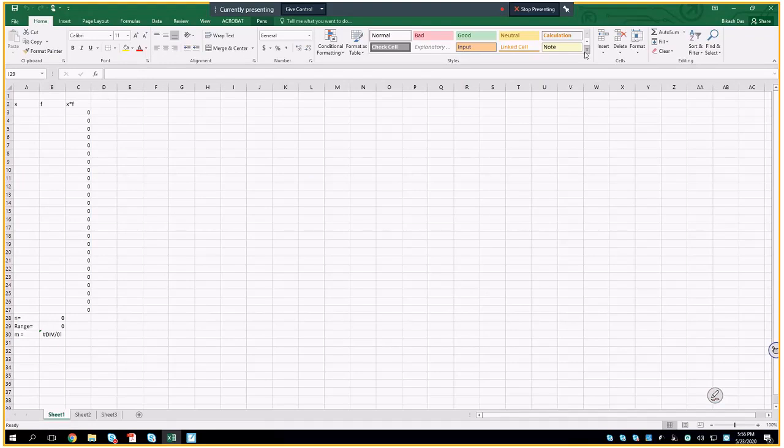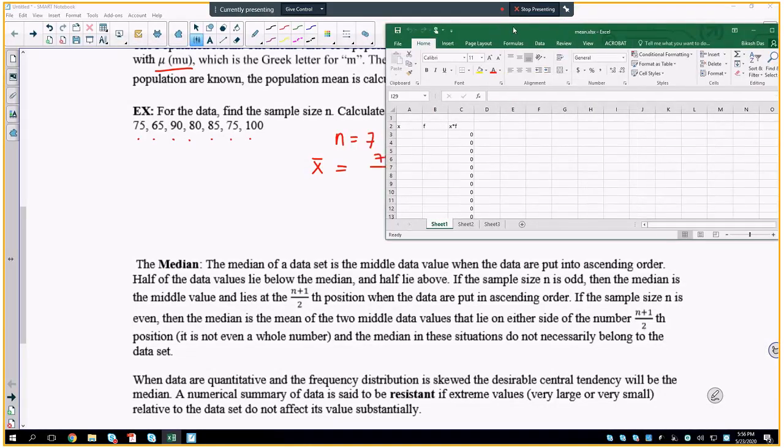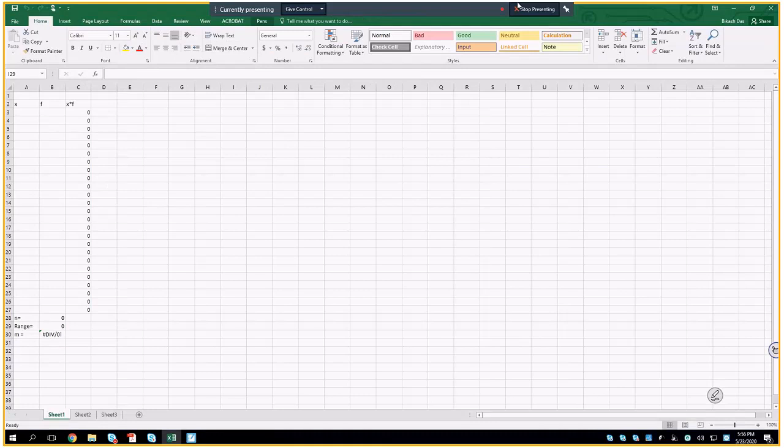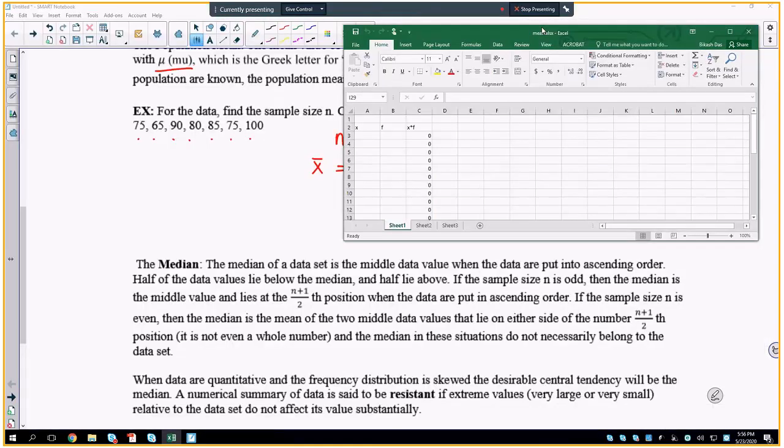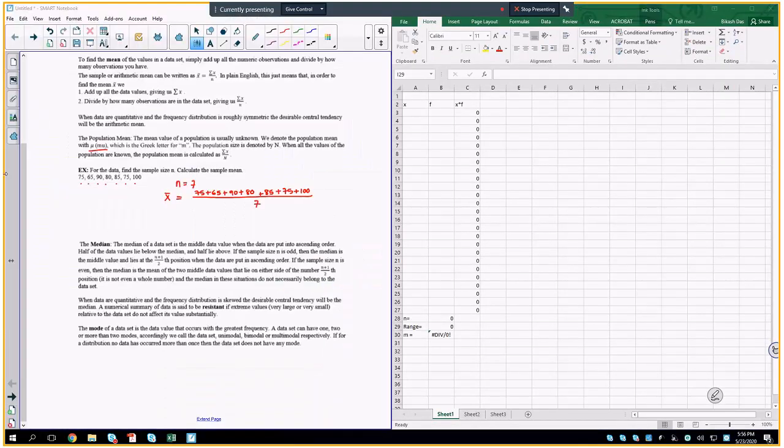So in shared class files, you will find this Excel spreadsheet, and it's called mean. And it lets you put your data directly in. So here I'm going to put it off to the side so that I can see my data here as well. Okay, so my data, I'm going to put the numbers in for the X values.